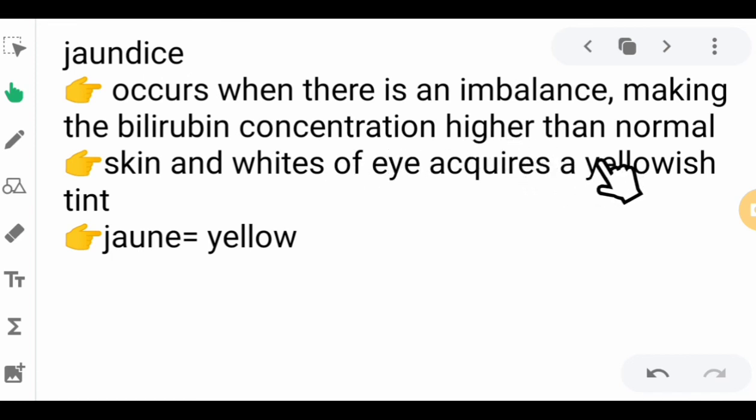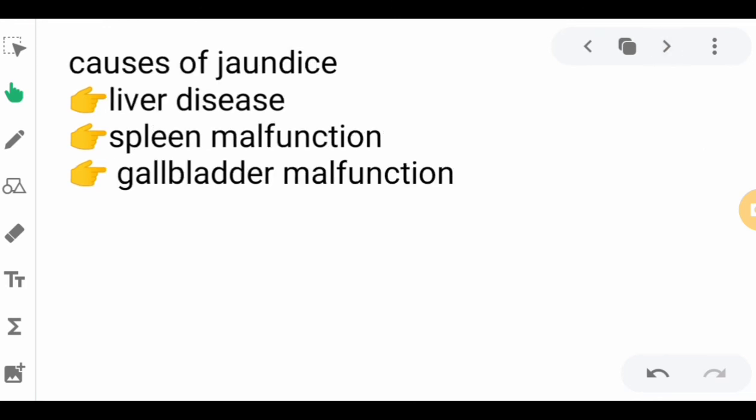When this happens, the color of your feces has a tint of red, and the skin and whites of your eyes acquire a yellowish tint. From the French word jaune, it means yellow. The causes of jaundice are first liver disease such as cirrhosis, when the liver is malfunctioning due to the accumulation of fats, and spleen malfunction and gallbladder malfunction.